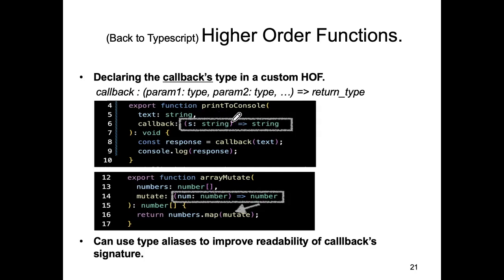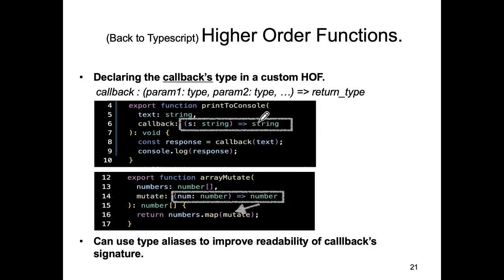So you're saying that this print to console function, whenever it's invoked, has to be passed a string as the first argument, and the second argument has to be a function. That function has to be one that takes a single parameter of type string, and that function has to return a string as its return value.